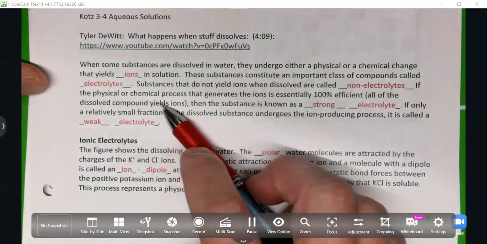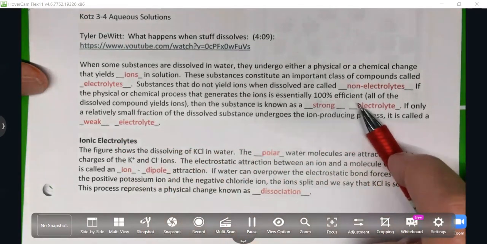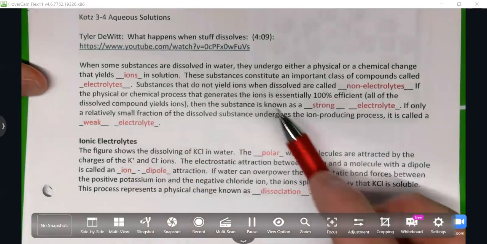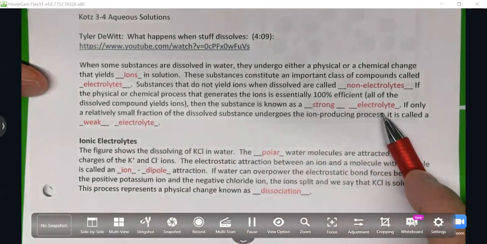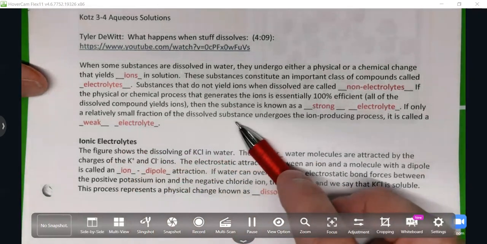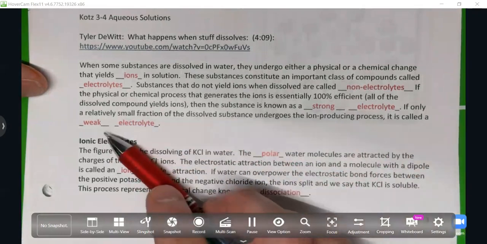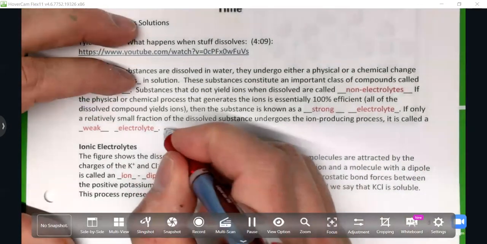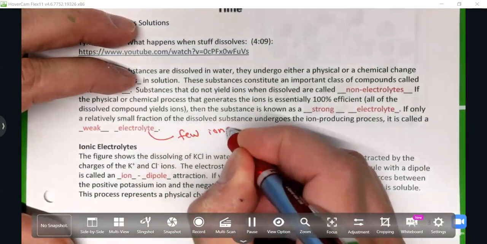If the physical or chemical process that generates the ions is essentially 100% efficient, all of the dissolved compound yields ions. Then the substance is known as a strong electrolyte. If only a relatively small fraction of the dissolved substance undergoes an ion-producing process, it is called a weak electrolyte. So for a weak electrolyte, you are going to get few ions.